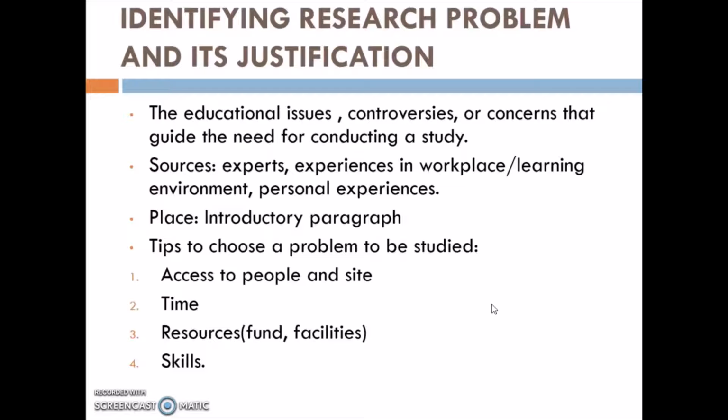For example, the impact of COVID-19 on education, or one that's controversial and gains concern from stakeholders in education, and is worth investigating. You can also get it from different sources, for example, from experts, that means from different articles that you read in journals, and from experiences in your workplace or learning. You can use your own experience as well, or your observation around you.